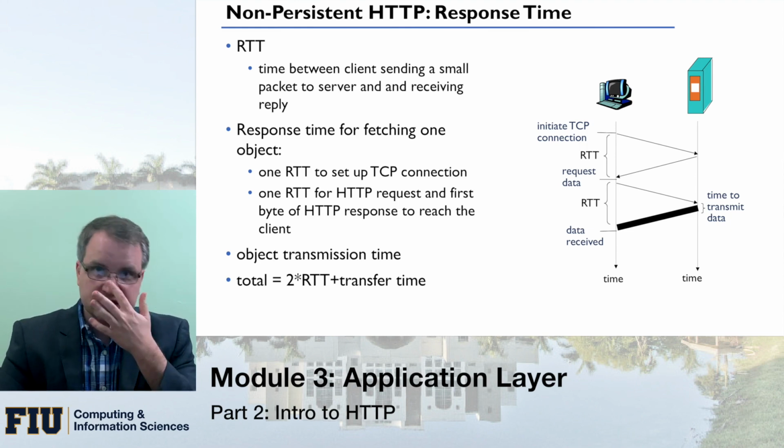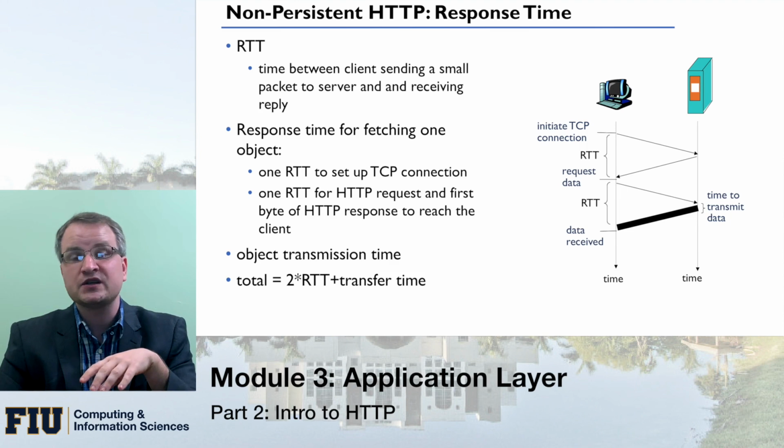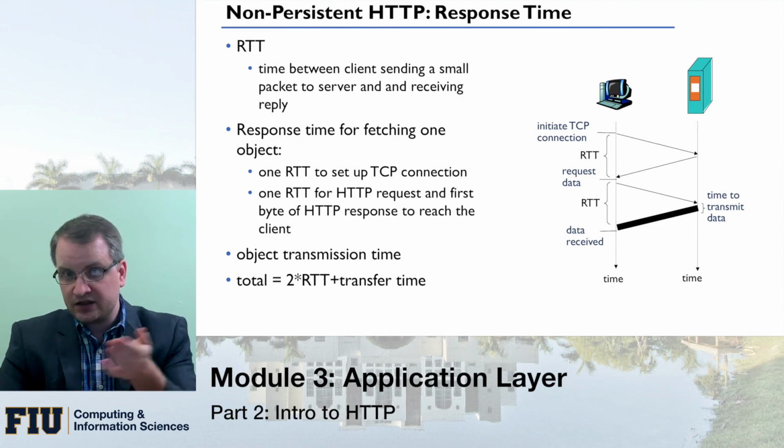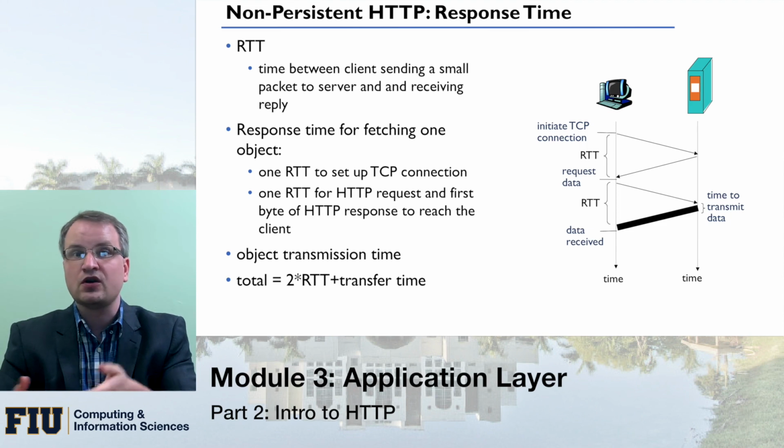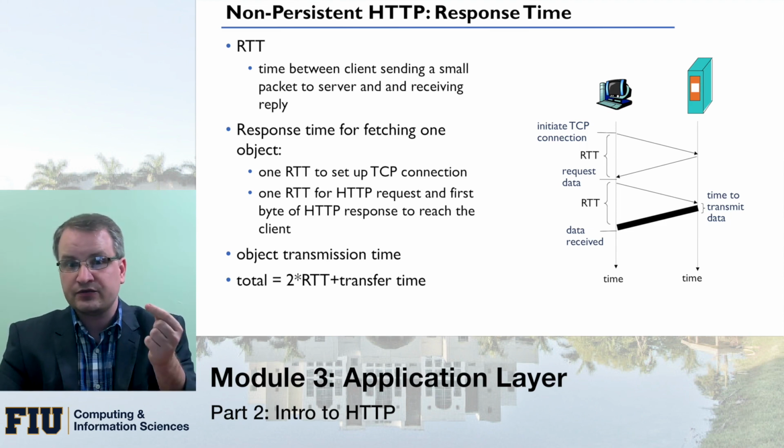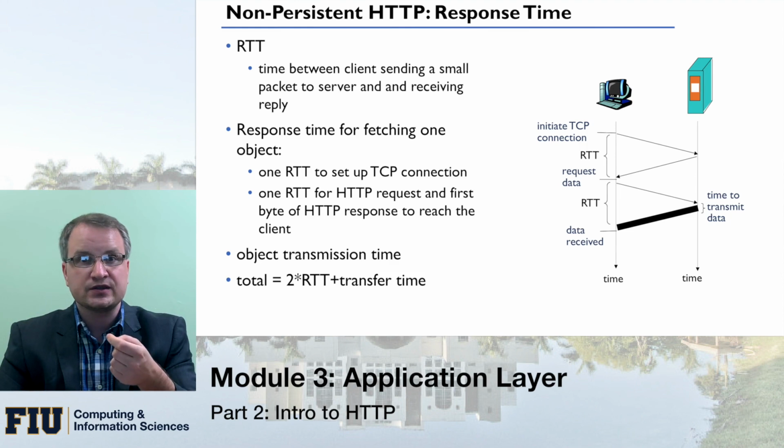In our example, it was about 20 objects. And if we use non-persistent HTTP, we're going to pay a lot of prices for different things. For example, connection establishment took the longest amount of time, as you just saw. And if we had to establish a new connection for every single object, the time to download the whole page wouldn't be measured in milliseconds.